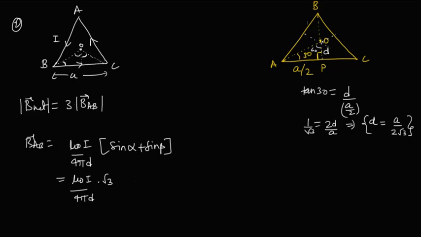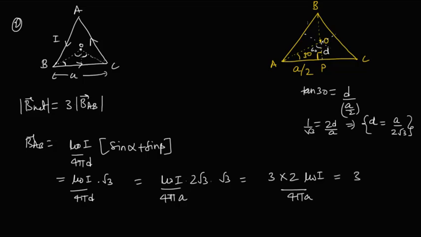I'll just plug in the value, and mu naught I upon 4 pi d is equal to a by 2 root 3, and we already had this root 3, so this becomes 3 into 2 into mu naught I upon 4 pi a. Simplifying this, 3 by 2 mu naught I upon pi a.